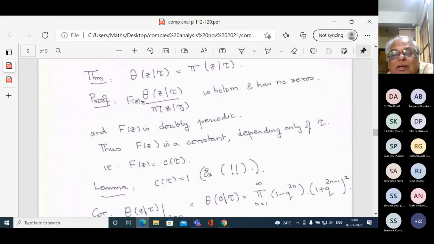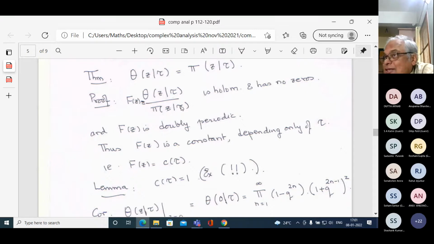Okay, and this is a gap in what I'm doing. I hope you will convince yourself by reading the book. I hope you'll convince yourself that that constant is 1.